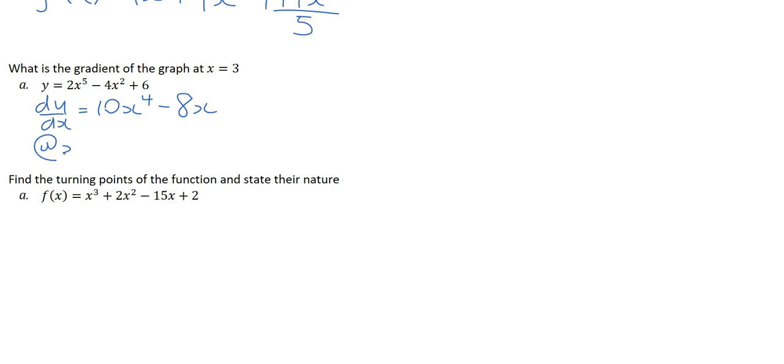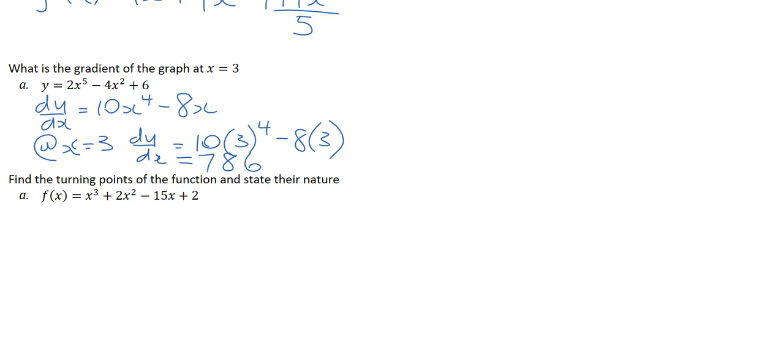So at x equals 3, dy by dx is 10 lots of 3 to the power of 4 minus 8 lots of 3. That's 810 minus 24, so 786. You happy with that? So what is that telling me? It's a very, very steep gradient. So that graph there, when x is 3, has a gradient that is ridiculously steep.